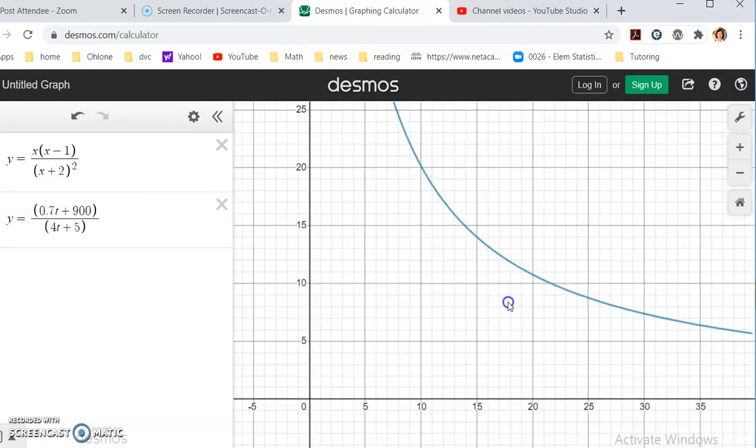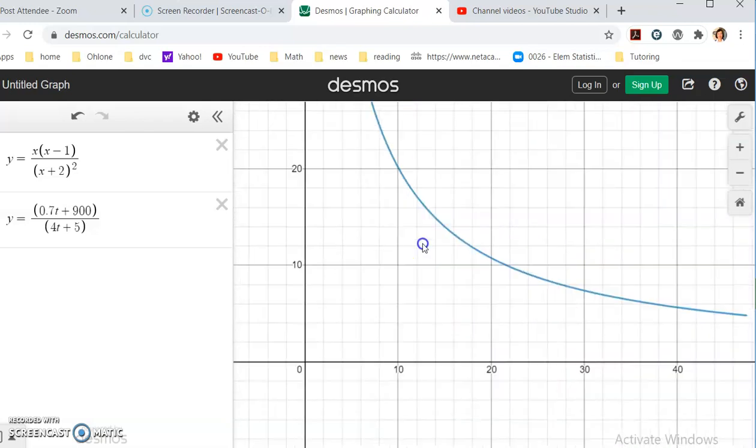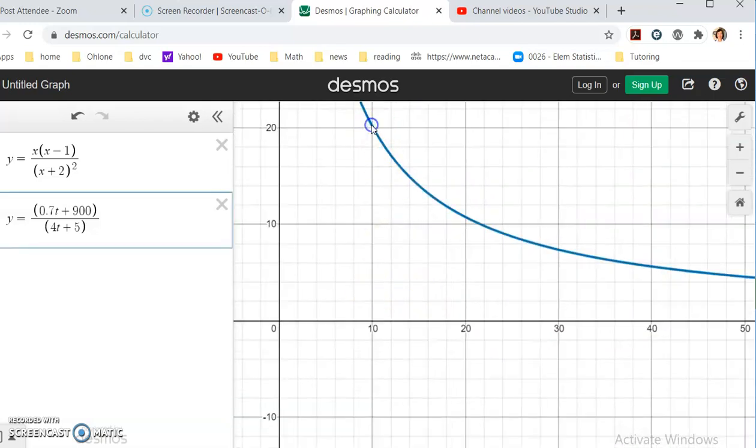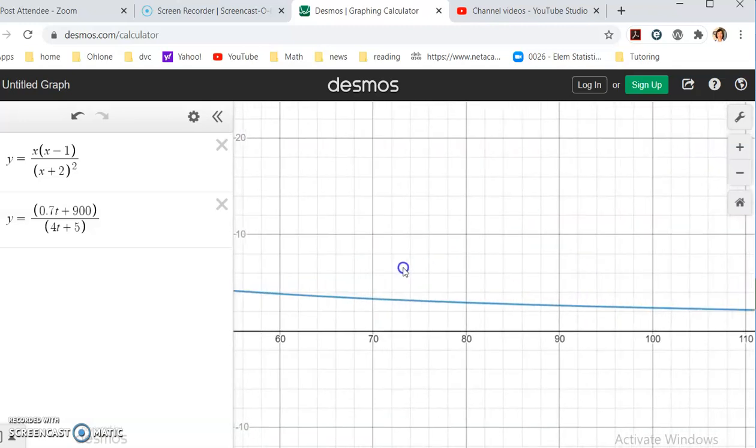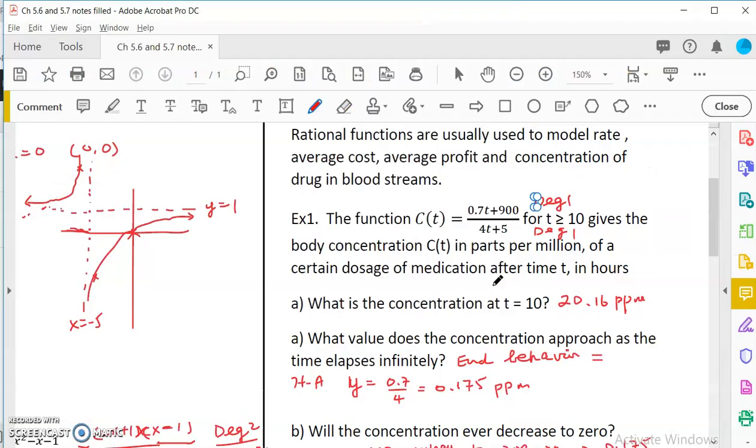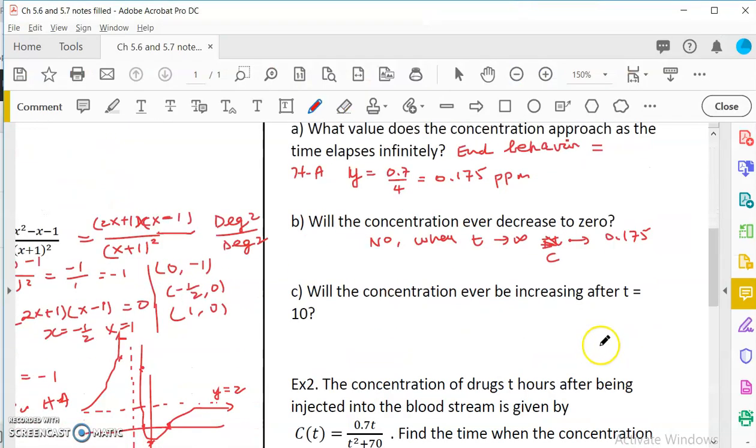So let's see. When t is 10, 10 is here. We'll see how it goes. It's just getting closer to the horizontal asymptote, so it would not be increasing at all. So, will the concentration ever be increasing? No, it would decrease.